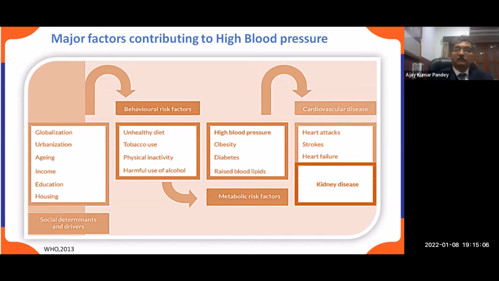So these all ultimately lead to cardiovascular disease. Hypertension leads to stroke, heart failure, heart attack, and kidney disease. So the price we are going to pay with increased hypertension in society is an increased number of strokes, heart failure patients, kidney disease and heart attack patients.